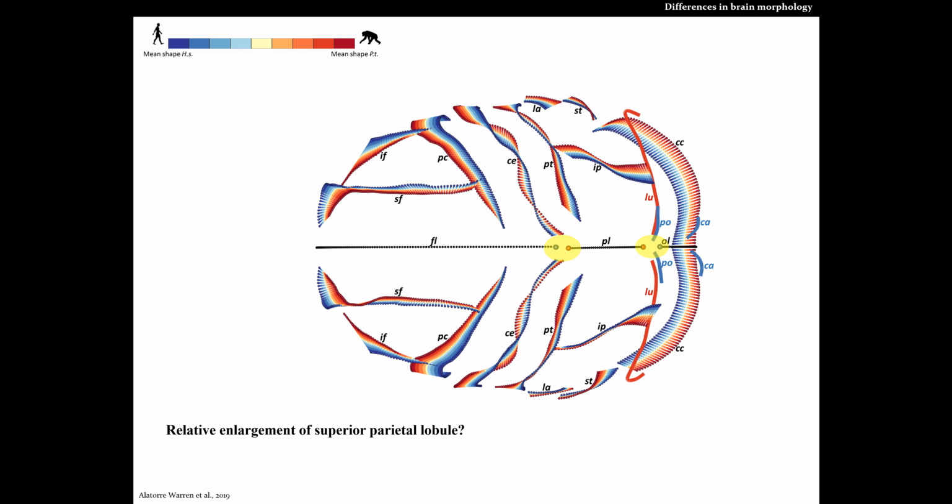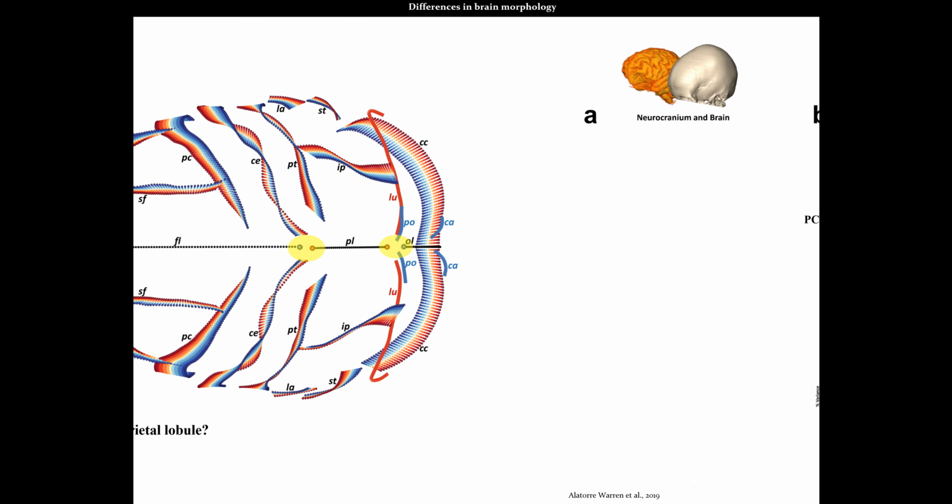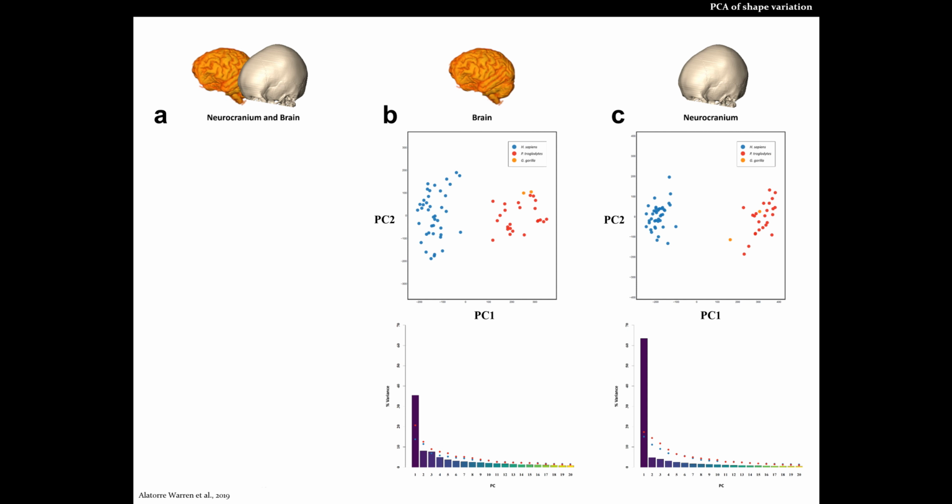Okay, all this was about mean configurations. So what about patterns of spatial variation? We ran two separate principal component analyses, one focusing on brain morphology and the other one on neurocranial morphology. In both of them, only one dominant component was found, PC1. In other words, principal component number 2 was already very small.